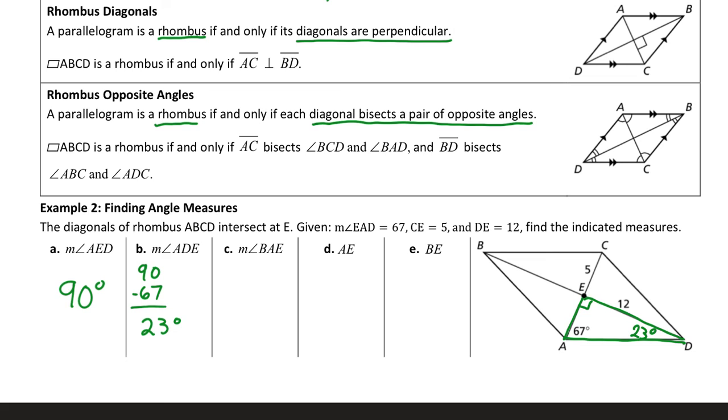The final one, BAE, I'm going to use blue. BAE is this angle right here. Since diagonals bisect the angles of a rhombus, BAE is also 67. And then for the final two measures, AE and BE, remember that a rhombus is already a parallelogram, so diagonals bisect each other, which makes AE have a measure of 5 and gives BE a measure of 12.